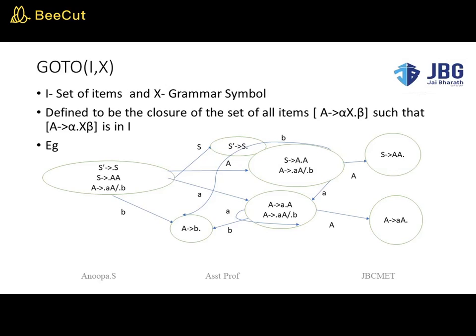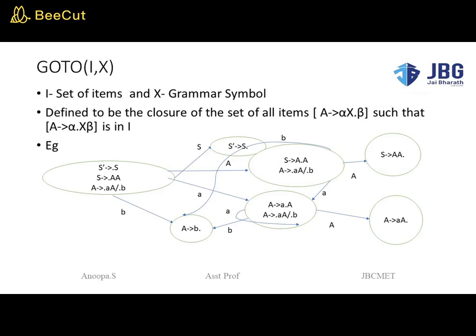Now let us see the next thing, that is, we will see for capital A. First we moved the dot operator one to the right for the first production. Now we will move the dot operator to the right for the second production. So S giving A.A. And that closure includes the next production also.